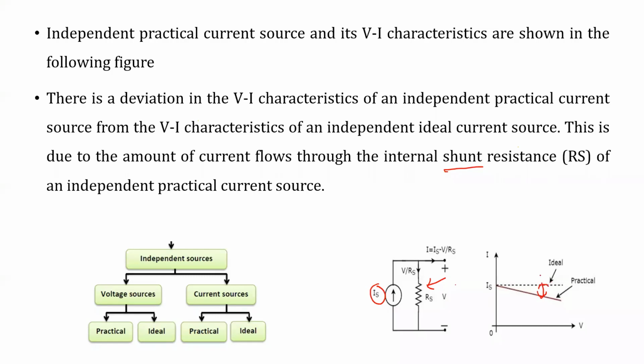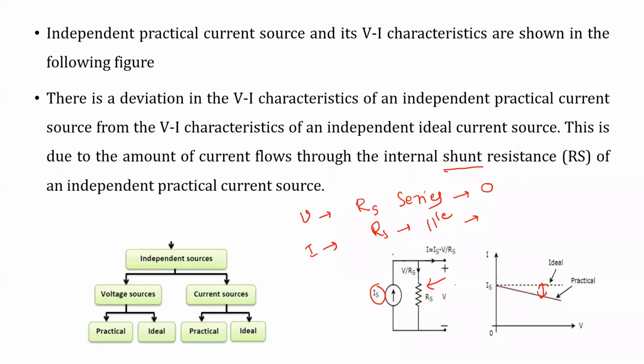Keep that point in your mind. I repeat, in a voltage source, the internal resistance is in series. In a current source, the internal resistance is in parallel. In the ideal case, the internal resistance of the voltage source is 0.